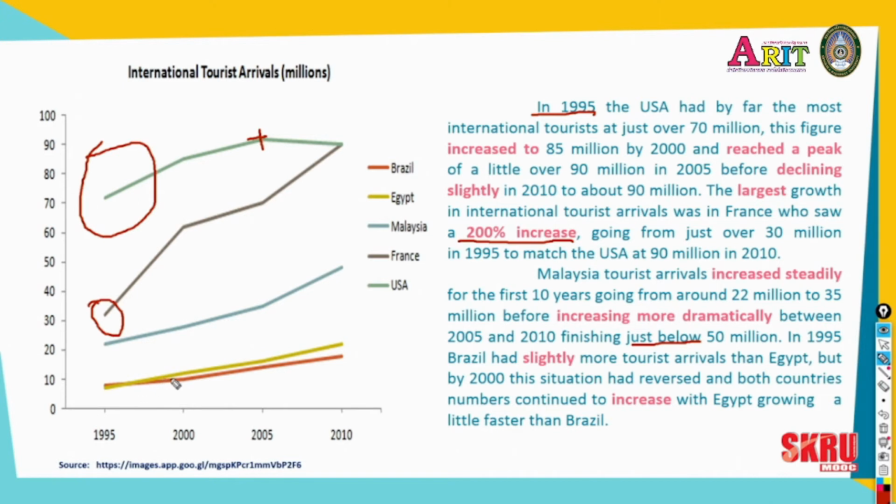So Egypt increased more quickly, and both countries' numbers continued to increase. They both go up, with Egypt growing a little faster than Brazil. So we're getting a little more growth for Egypt than Brazil, and they're pulling away very slightly. So those descriptions use some of the phrases and show you essentially what the graph contains.